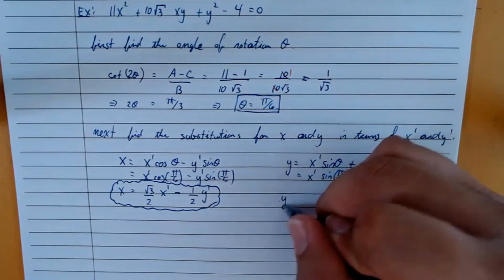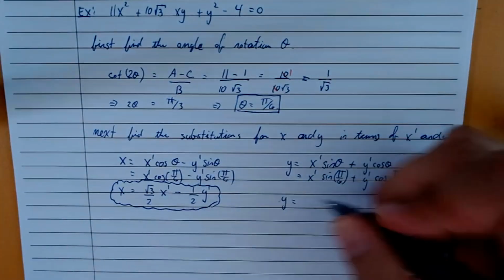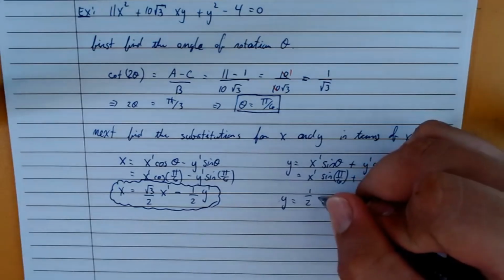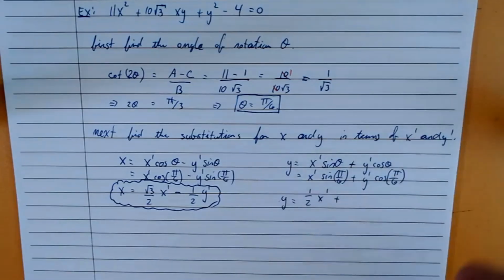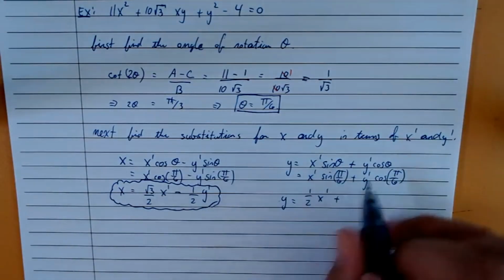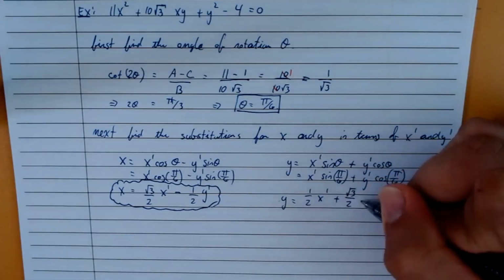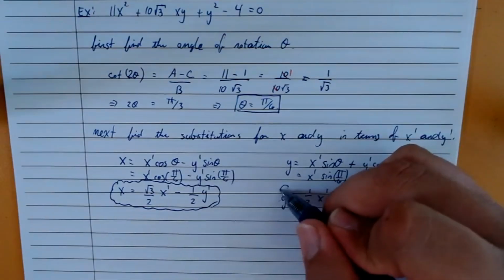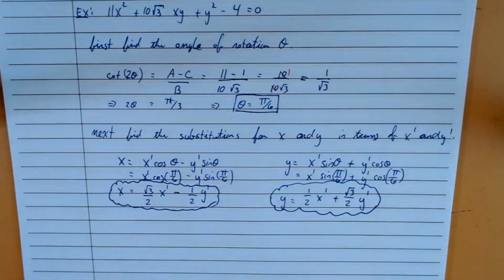Which gives us that y is equal to the sine of pi over 6, again, is a half. So that's going to be 1/2 x prime plus the cosine of pi over 6, again, that's root 3 over 2 times y prime. And those are our substitutions.